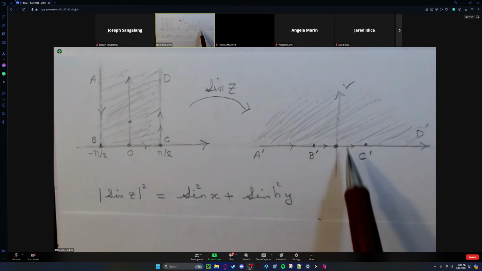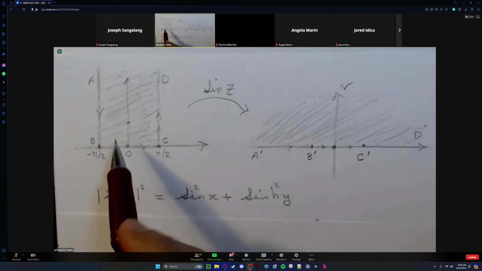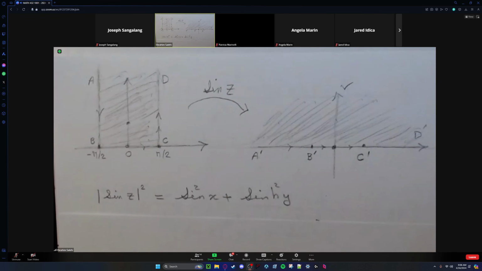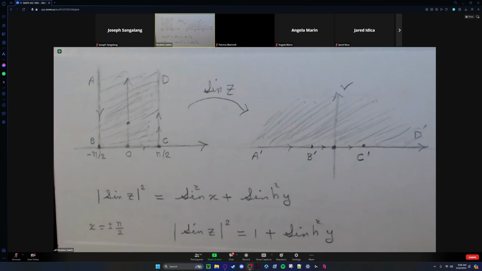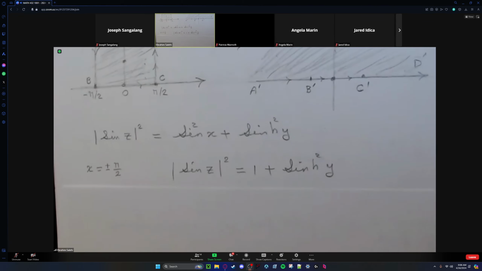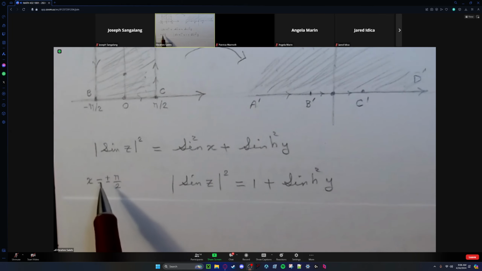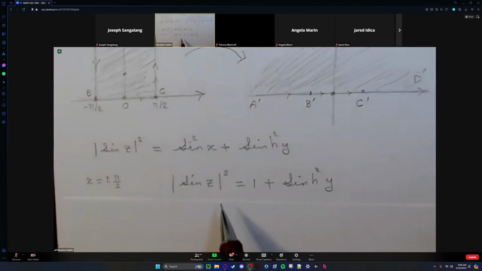How do we know it is not lower part? It is upper part. Well, you can just use, for example, i, the image of i will be somewhere there. So here are the analysis, all right? Then x is plus minus pi over 2, which is along this line and this line.